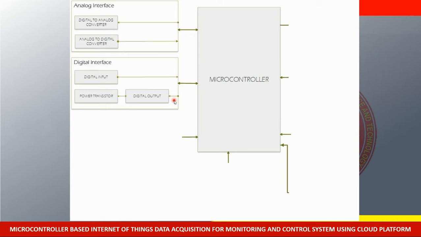Now, that 50 milliamperes is just enough to simply light an LED. Kaya makikita niyo sa mga project, 7 segment directly connected yung output pin ng microcontroller kasi it can drive the LED itself. Pero for high current applications, such as motors, bulbs, and so on, the digital output pin of a microcontroller is not enough.